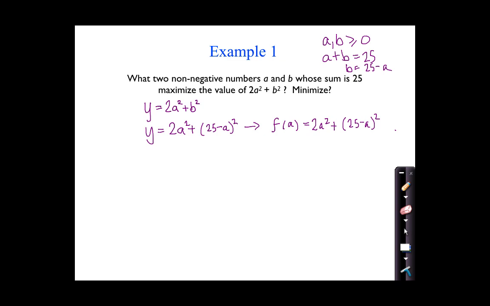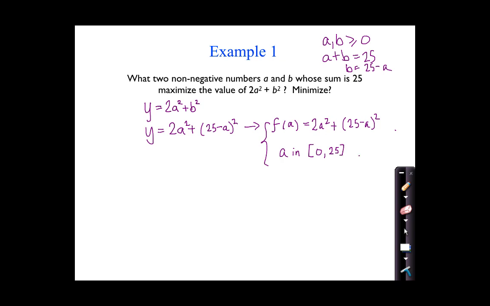Because if a is any bigger than 25, there isn't a possible value for b. So I've got this function that I'm going to try to maximize, and we'll try to minimize it later, where a is between 0 and 25, and it can be either one of those, but it's just restricted to that interval.